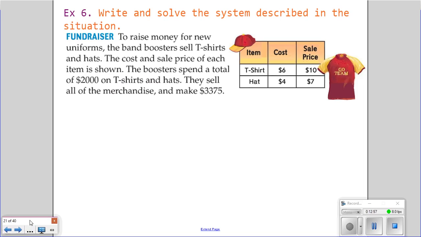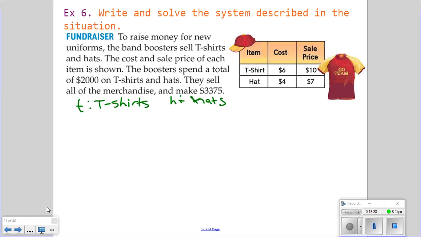So first and foremost, we have to assign variables. So let T represent t-shirts. Keep it simple. And H represent hats. So it costs $6 per t-shirt and $4 per hat, and they paid an original cost of $2,000.